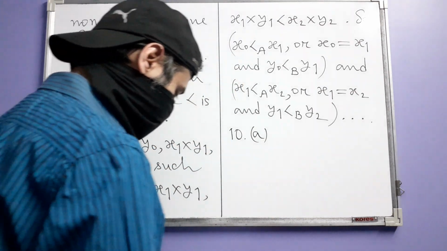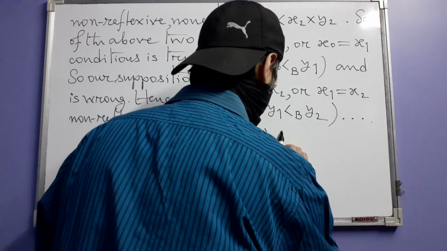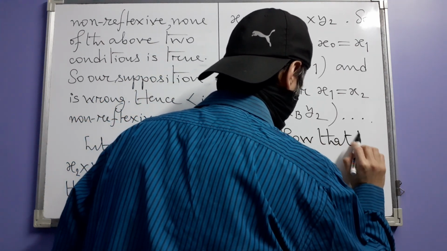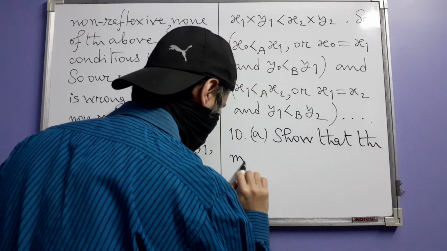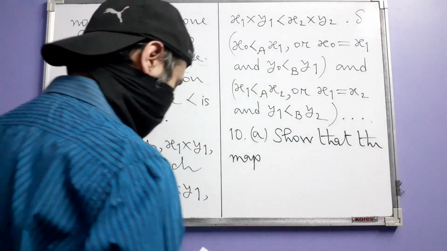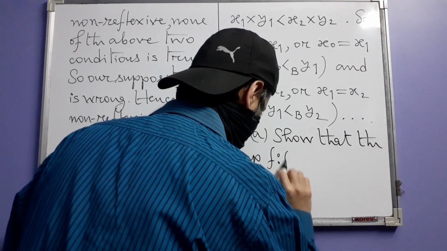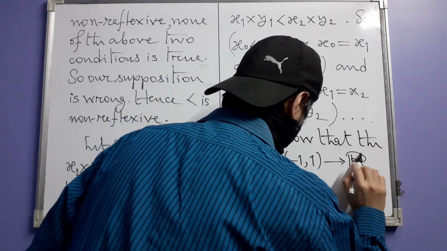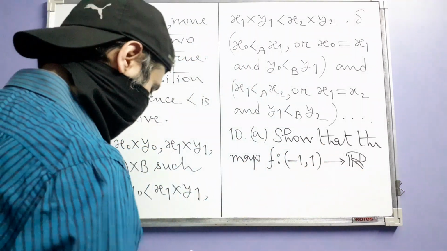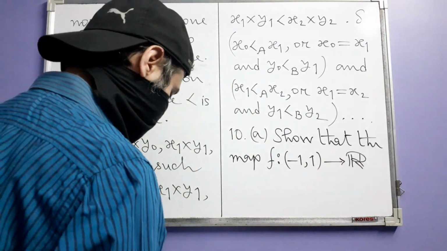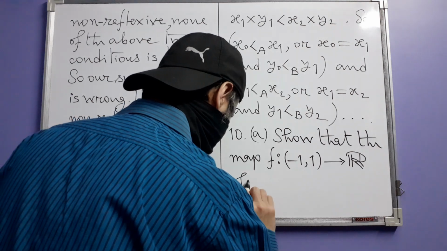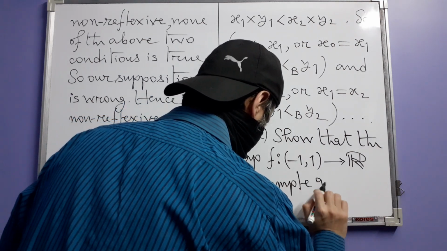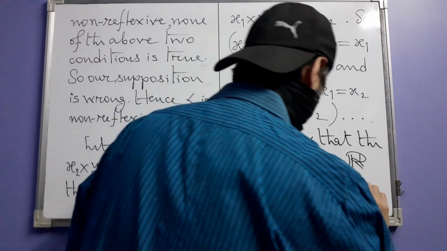First of all, we have to show that the map from open interval -1, 1 to R of example 9 is order preserving.